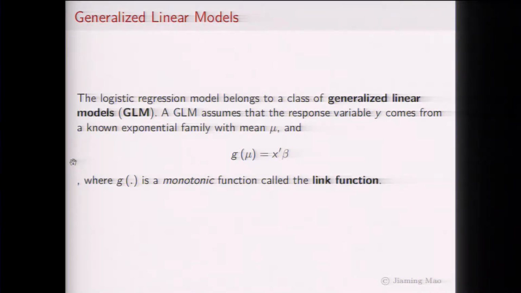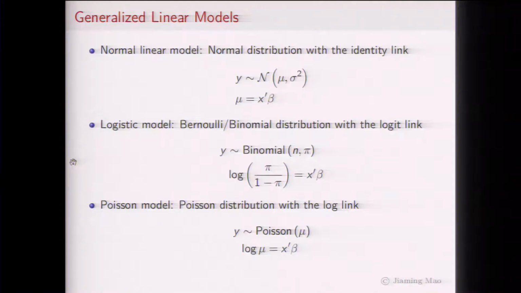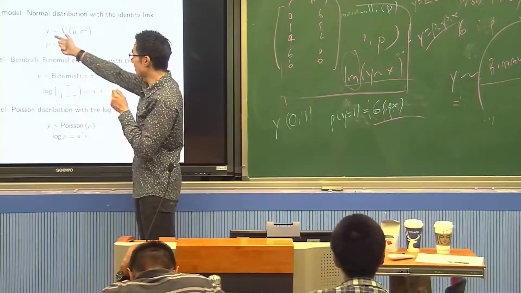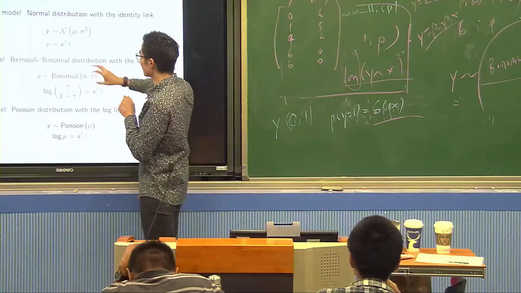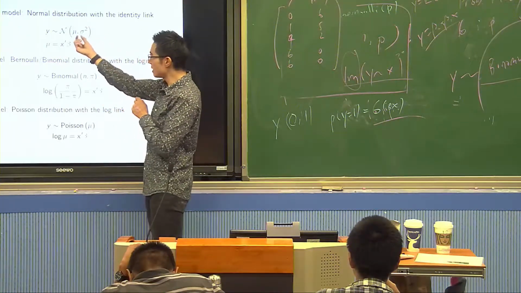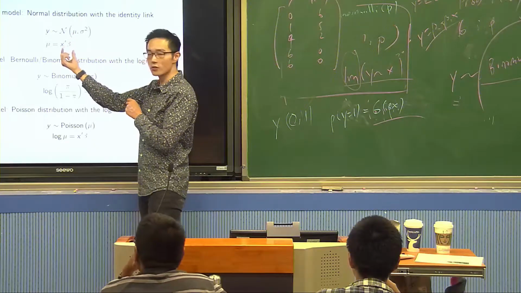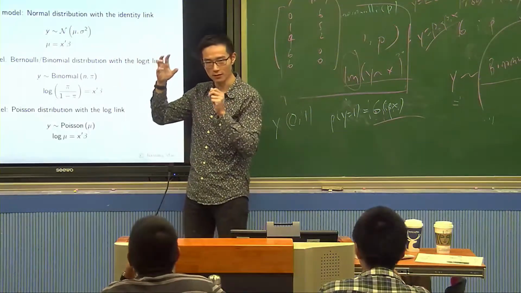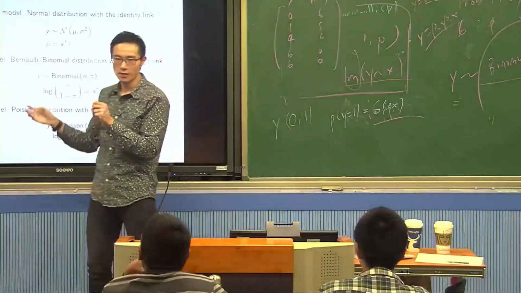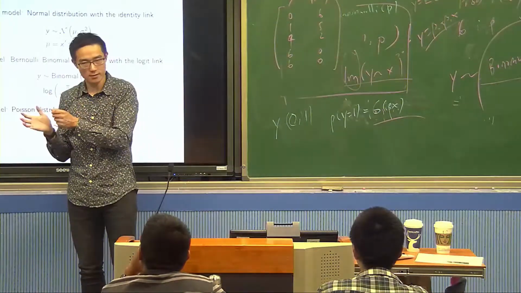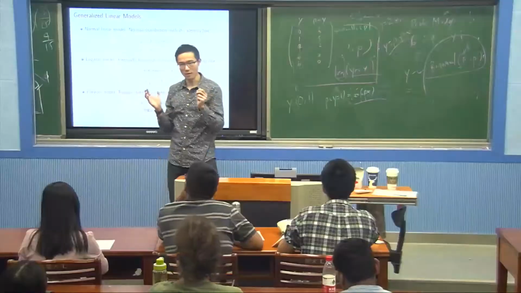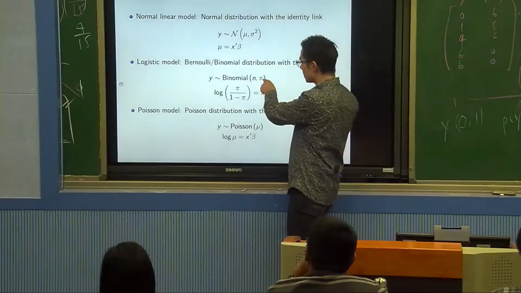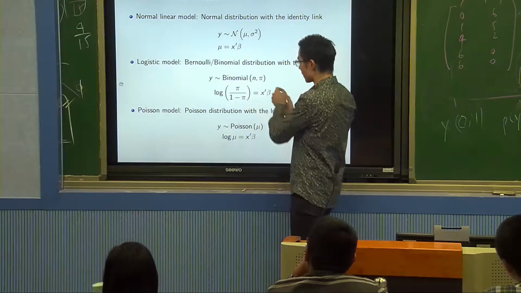When we talk about GLM, we are talking about any class of models in which Y can be thought about as a distribution whose mean is a function of x prime beta.